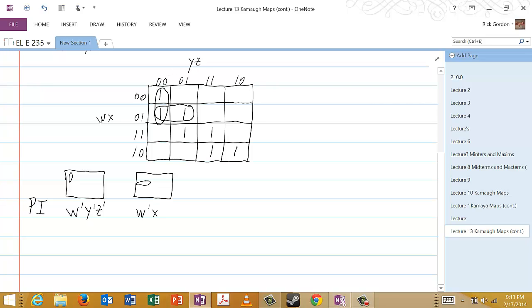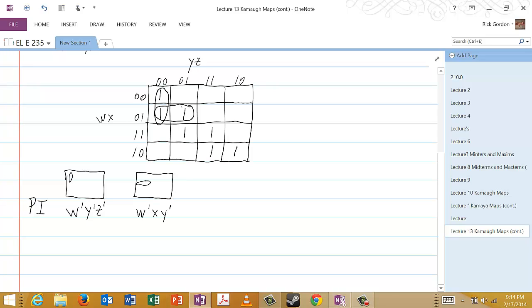Y is equal to 0 in both of these cells, so we have Y prime, but Z is 0 in the first cell, and Z is equal to 1 in the second cell. Since Z is changing within the prime implicant, it does not appear in the name. And so this prime implicant that we've just identified is W prime X Y prime.